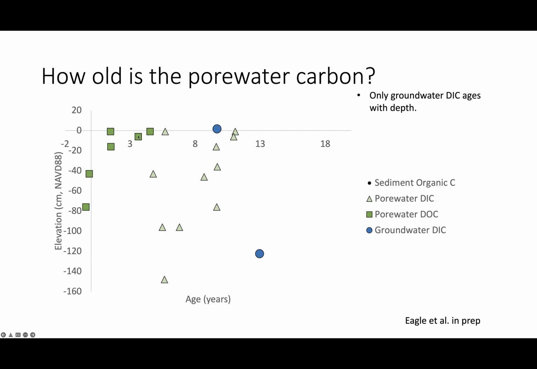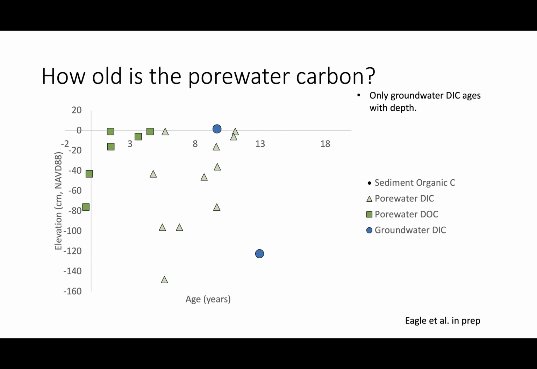And with the DOC, we had some ages that were coming in at essentially not aged at all. What this is starting to suggest to us is that the source of the carbon is likely plant-mediated respiration.